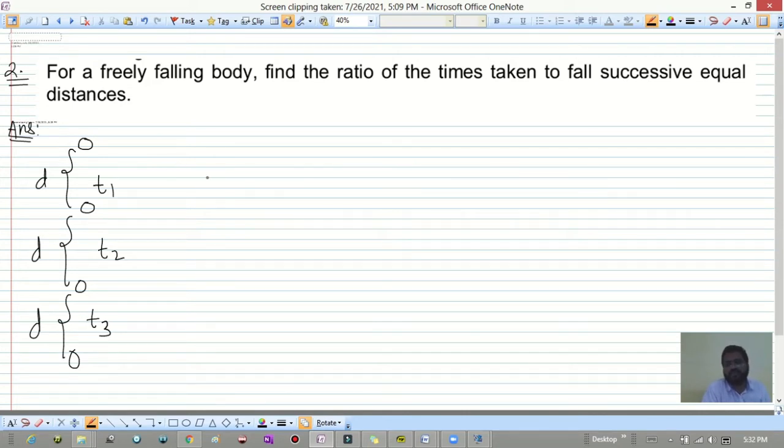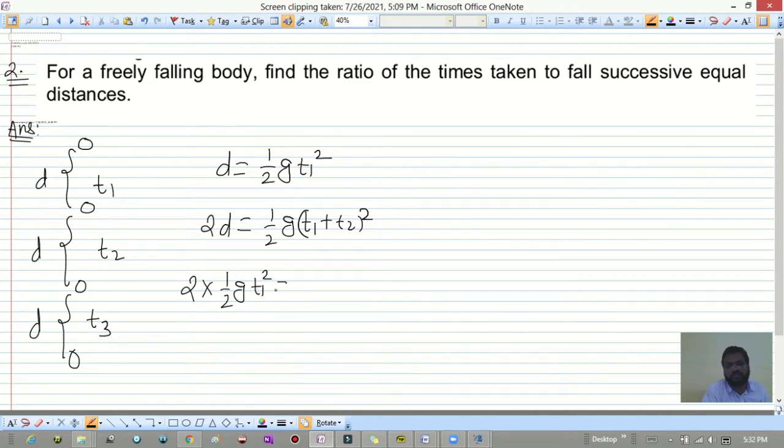So firstly, what is time t1? So for that, d is equal to half g t1 squared. Okay, no problem. Then what is t2? For t2, if you take 2d, it will become half g t1 plus t2 whole squared. But what is d? 1 by 2 g t1 squared. So 2 into 1 by 2 g t1 squared is equal to 1 by 2 g t1 plus t2 whole squared.